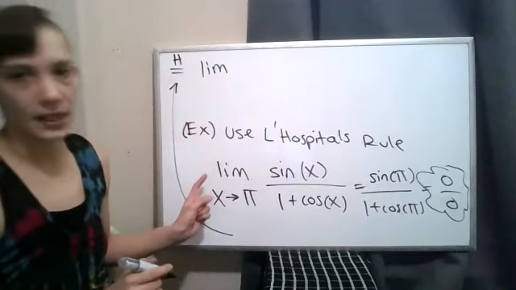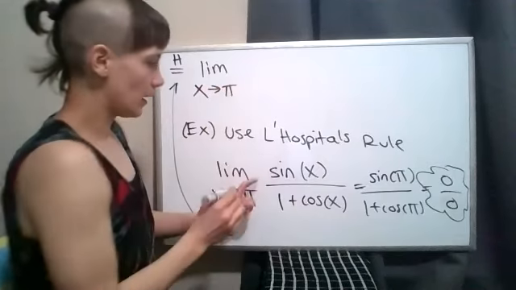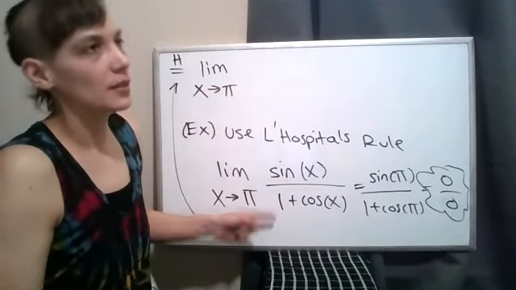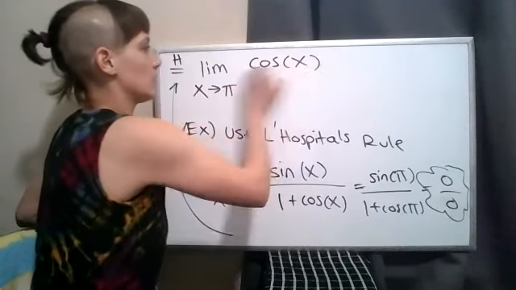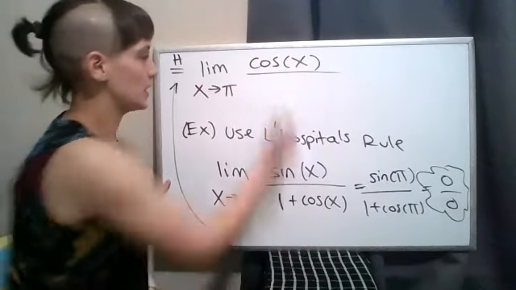Okay, the limit as x goes to pi of the derivative of the top over the derivative of the bottom. Derivative of sine is cosine. That's a 0 plus derivative of cosine, which is negative sine.